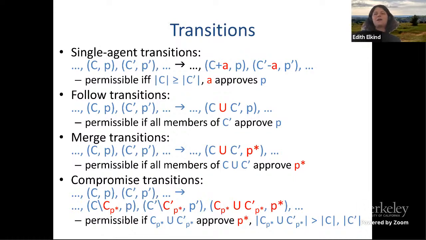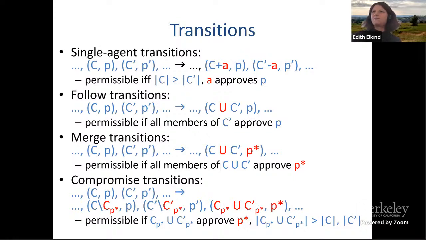So they break away from the old coalition partners to build a bigger coalition around the proposal they all approve. The theme here is that the new coalition should be bigger than the old coalition, and in any case, the coalition that forms is such that all members of that coalition approve its proposal. So these are the four types of coalition transitions we are going to consider.